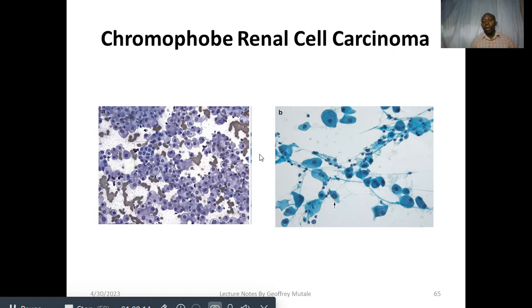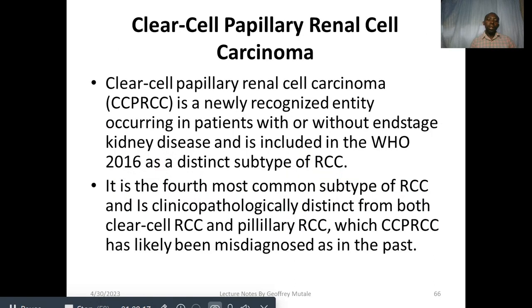of the chromophobe carcinoma. So we have another carcinoma we call the clear cell papillary renal cell carcinoma, and this is a newly recognized entity occurring in patients with or without end-stage disease, and is included in the World Health Organization guidelines as of 2016 as a distinct type of renal cell carcinoma.